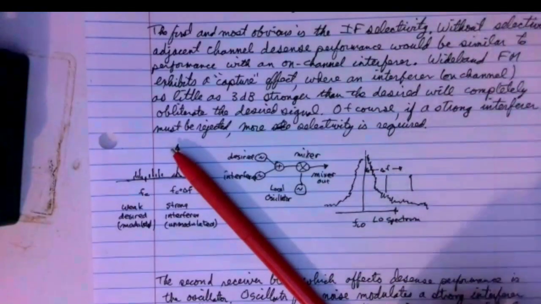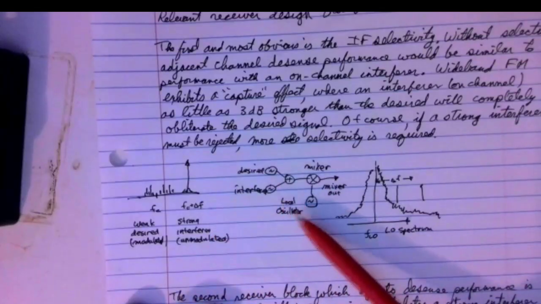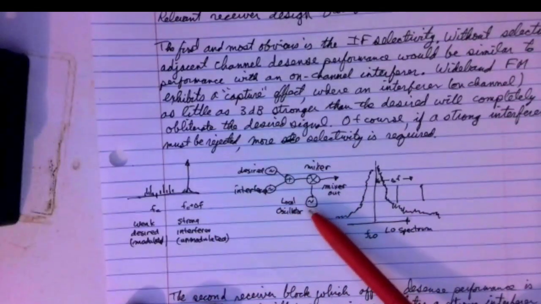So that if this was 200 kilohertz bandwidth, this might be 200 kilohertz away from the center of the desired. Okay, and then we come over here, and what does this look like in the frequency domain?